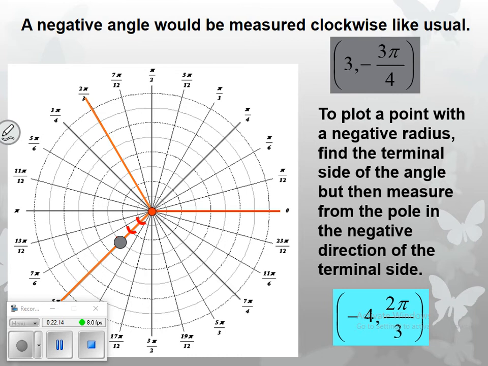So what you do is you find the opposite ray. The opposite ray is the ray that will form 180 degrees with the current ray. Does that make sense? Okay, so I go across the pole, or I reflect that solid 2 pi over 3 vector across the pole 180 degrees, and then I count out 4 units on that vector. Does that make sense? Okay.